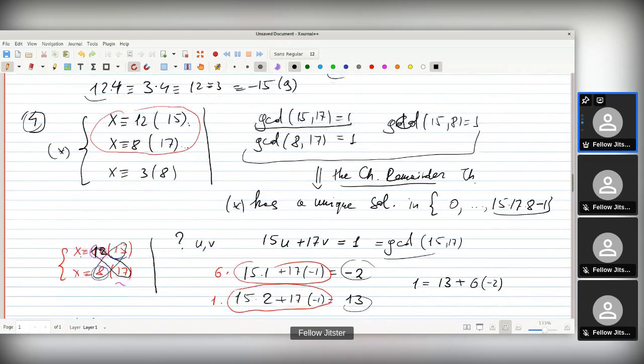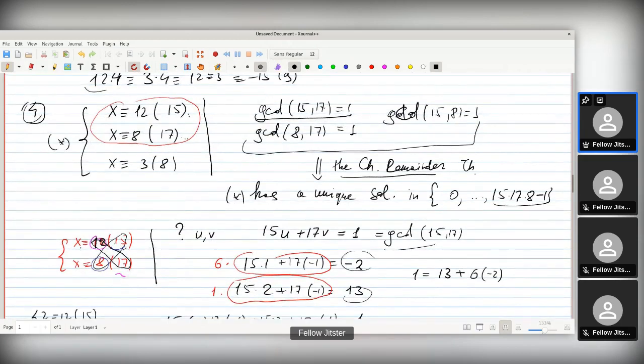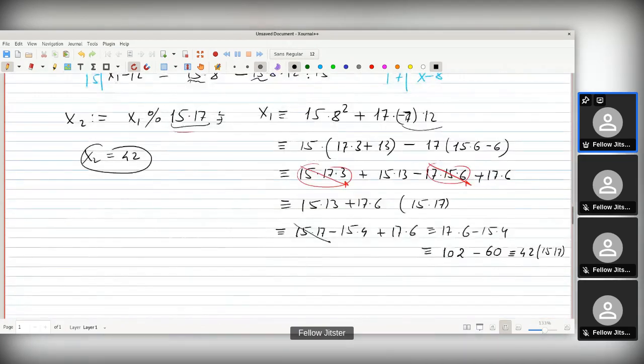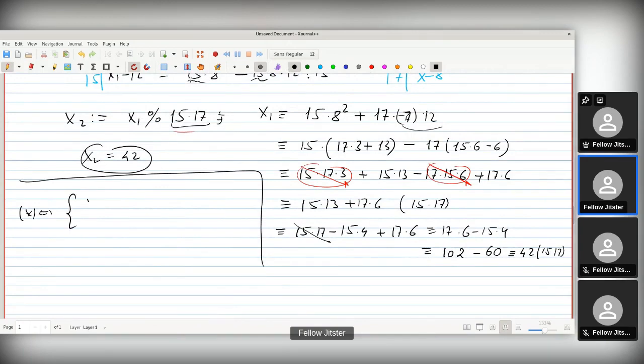X is congruent to what? 42. Which modulus? 15 multiplied by 17. Exactly. So that means x is congruent to 42 modulo this, and here I have x congruent to 3 modulo 8. How can I solve this one?